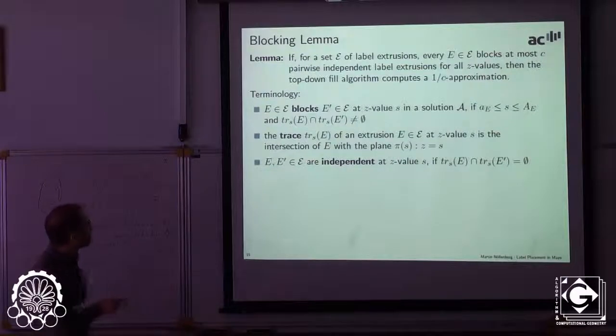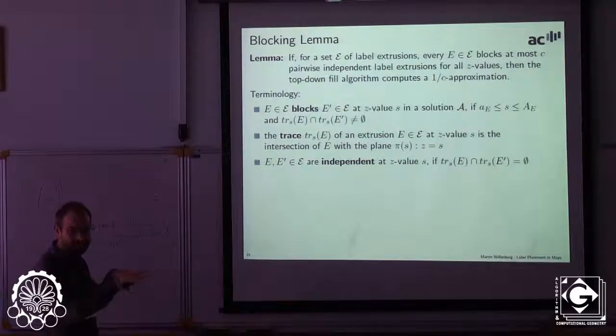In terms of terminology here, we spoke about blocking. So one of these selected labels blocks another one at a certain Z value if at that Z value E is active, so Z is between small a E and big a E, and the two, we call them traces, which is the intersection of the pyramid with a particular XY parallel plane, have an intersection.